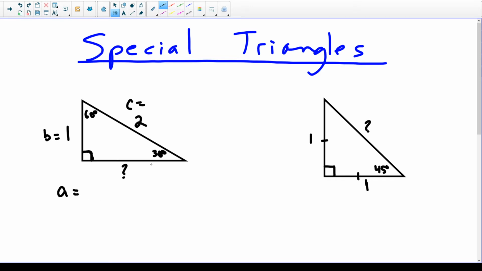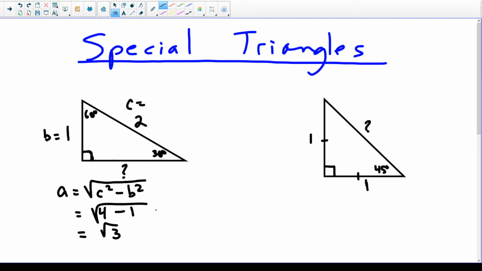Now, to speed things up here, a squared plus b squared equals c squared means that a is equal to c squared minus b squared, square rooted. So quickly putting those numbers in, we get 2 squared, which is 4, minus 1 squared, which is 1, and this gives root 3 as that length.